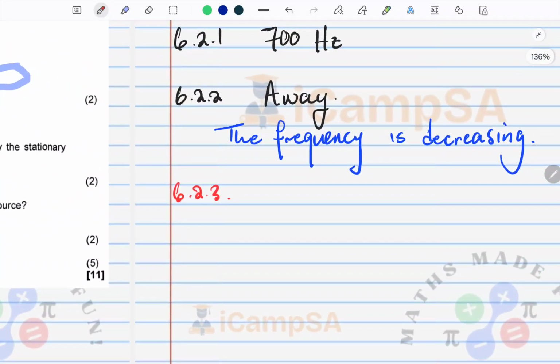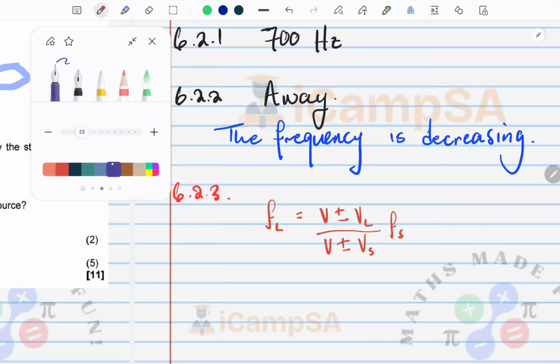Okay, so now here we can say frequency of the listener is equals to, this is the velocity of sound plus minus velocity of the listener all over v again, and then velocity of the source, and then frequency of the source, right? So from there, we've already got the frequency of the source here.